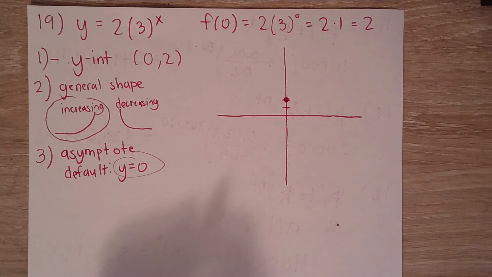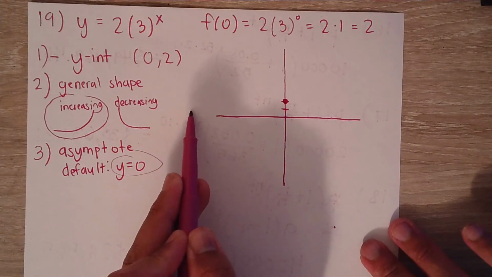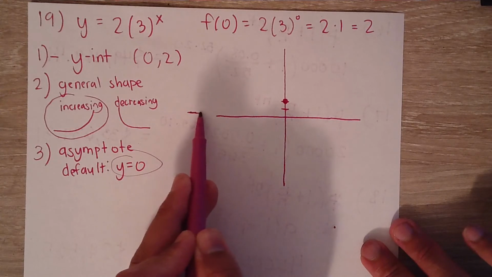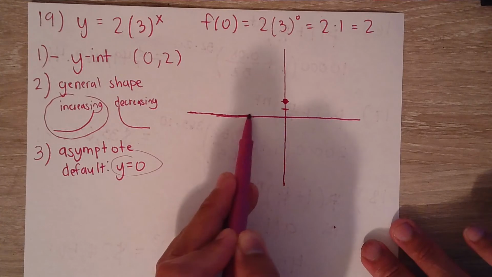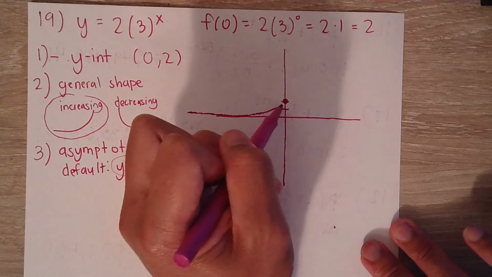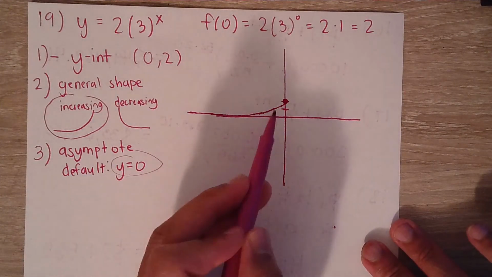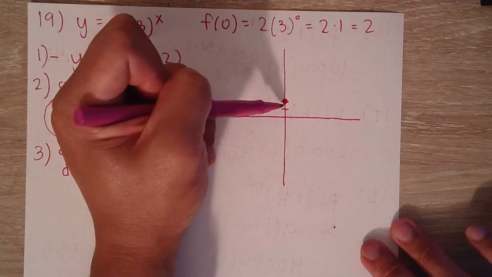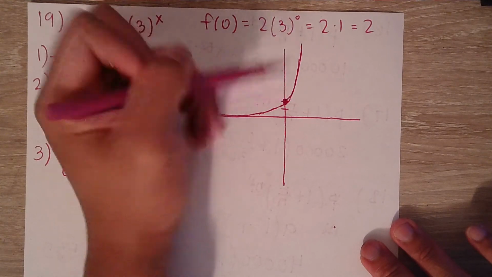So let's go ahead and draw that. So our asymptote y is equal to 0, so we need to start off by y is equal to 0. And then we're going to slowly start to increase through our y-intercept, because it definitely has to pass that point. And then our general shape of our graph, since it's an exponential function, it needs to increase really, really steeply, like so.